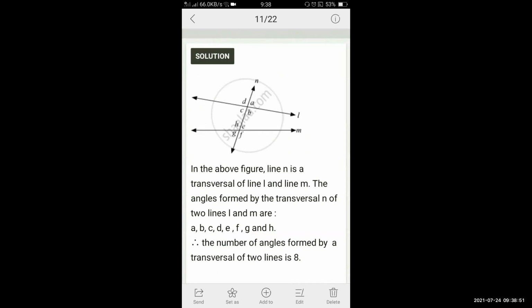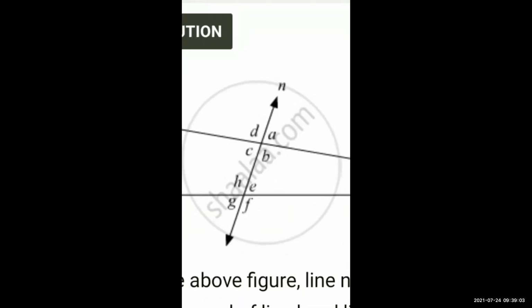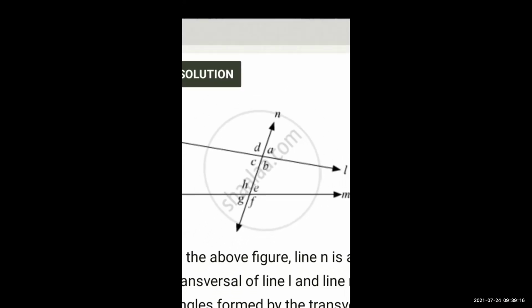2 lines are given here, line L and line M. And line N is a transversal. So you can see here, those are the 8 angles formed. Angle A, angle B, angle C, angle D, and angle E, angle F, angle G, and angle H. Those are together 8 angles.